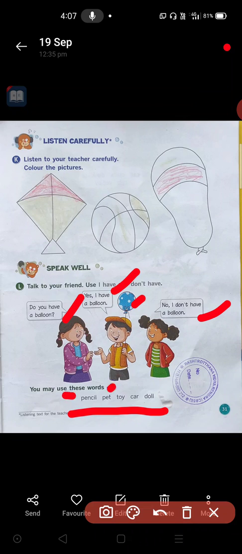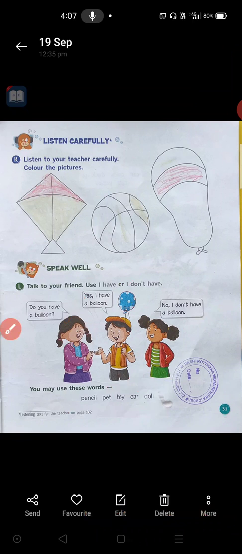Then pet means any pet animal, dog, cat, these kinds. Papa, do you have a pet animal? If he has, he says, yes, I have. If he doesn't, he says, no, I don't have. Then toy, car, balloon, doll. These words can be used like that only.